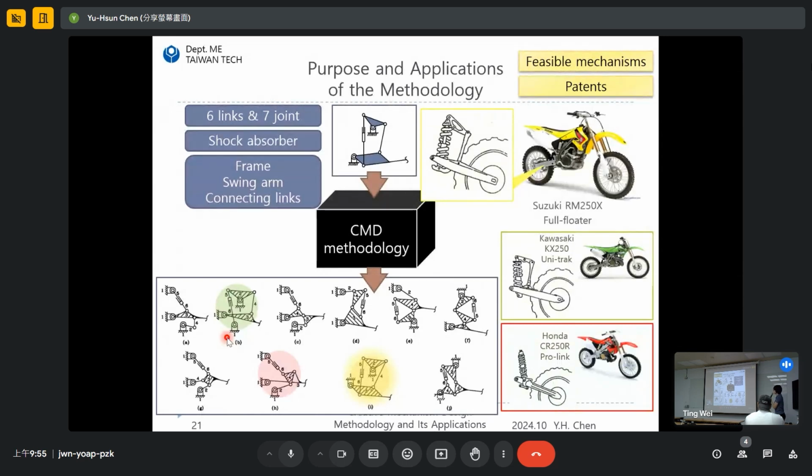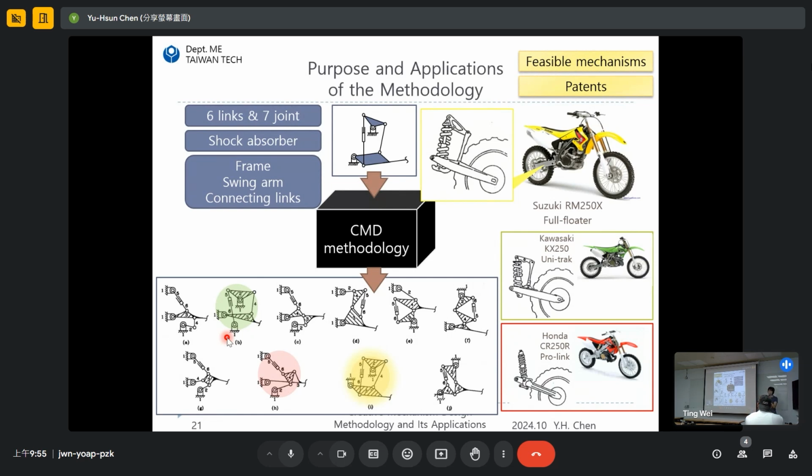But this methodology tells us that it is a systematic process. At the first step, we deal with the analysis of the characteristics. Second step, generalization. The third step is specialization, and finally, we can draw it back to the mechanism gauge.